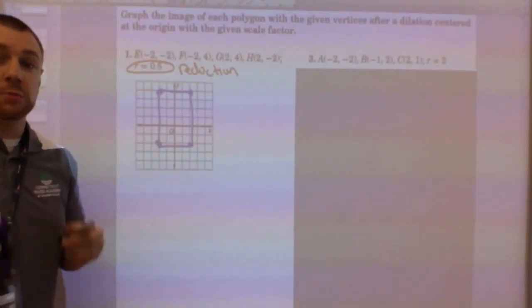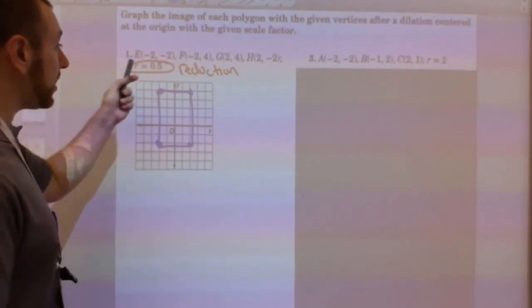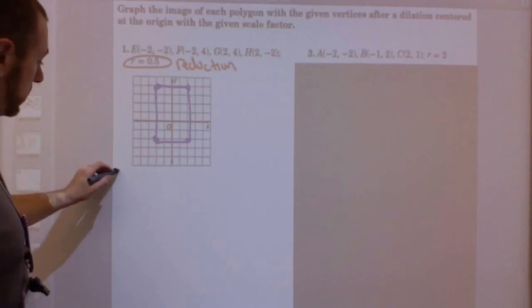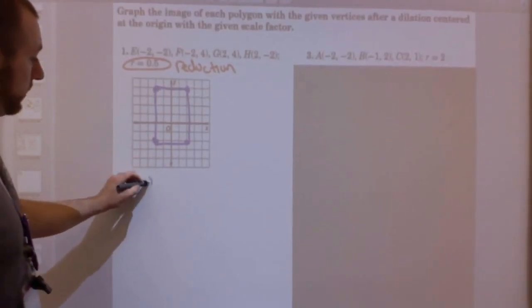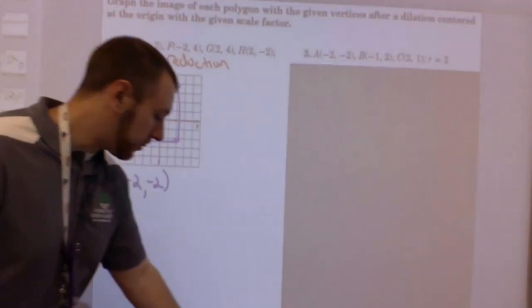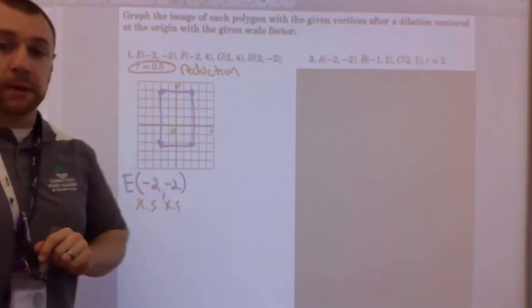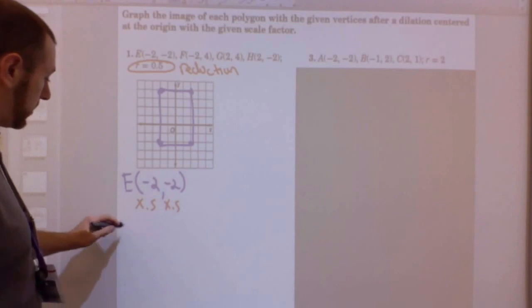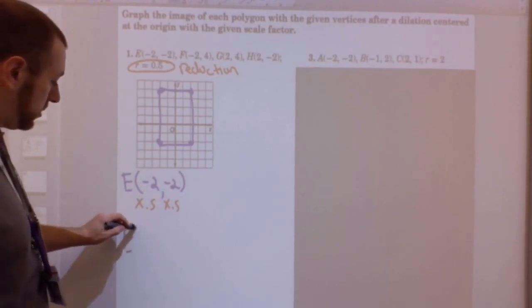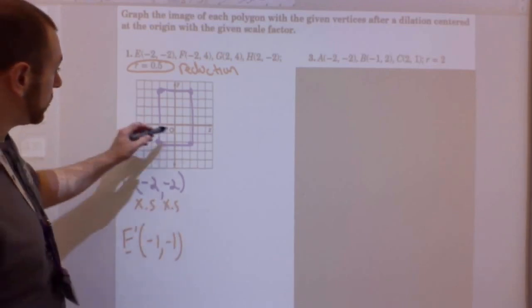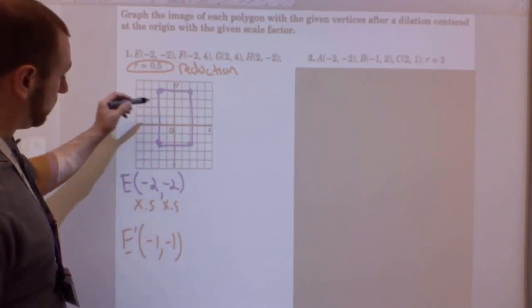Now it's a reduction by 0.5. Because this is a decimal, I can just take each one of these coordinates, like E, -2, -2, and all I'm going to do is multiply by 0.5, which comes out to be my new E prime, which is -1, -1.